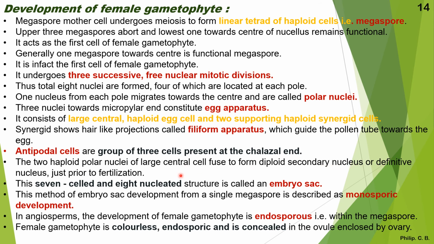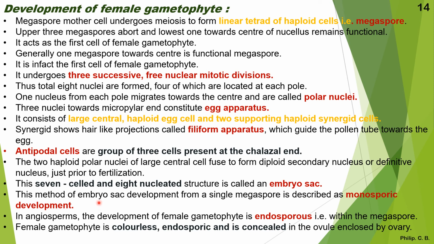Thus, this 7-celled and 8-nucleated structure is called the embryo sac. So, as we saw, initially 8 nuclei are formed, out of which the central polar nuclei form a single cell with the 2 nuclei. So, that is why it is a 7-celled, 8-nucleated structure. This method of embryo sac development from a single megaspore is described as monosporic development.